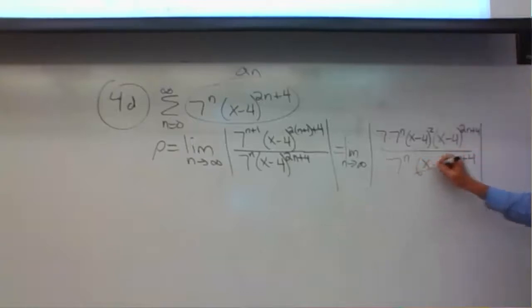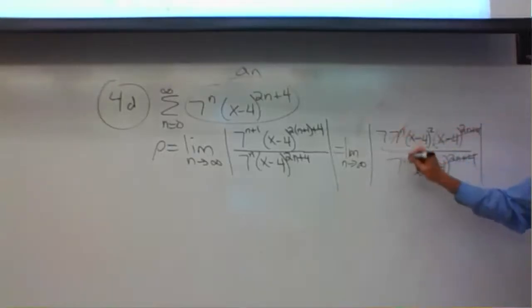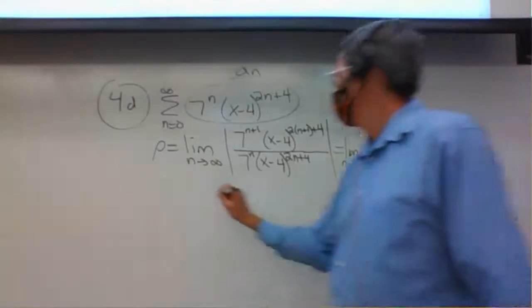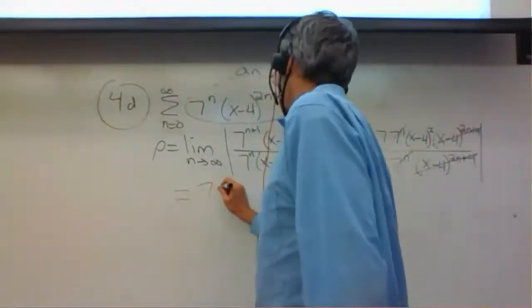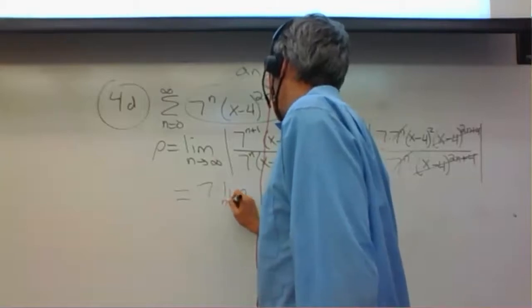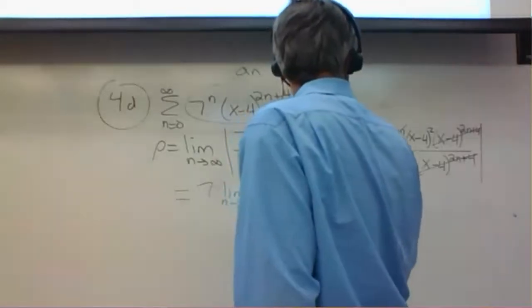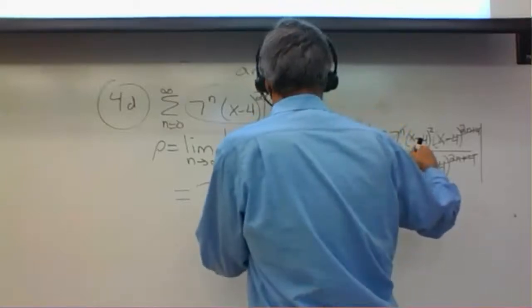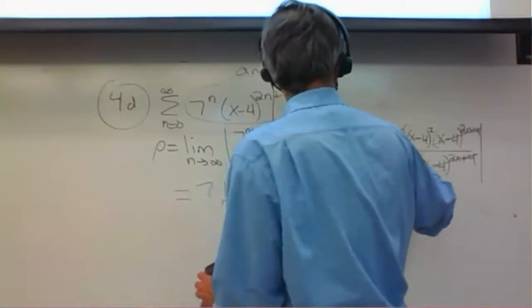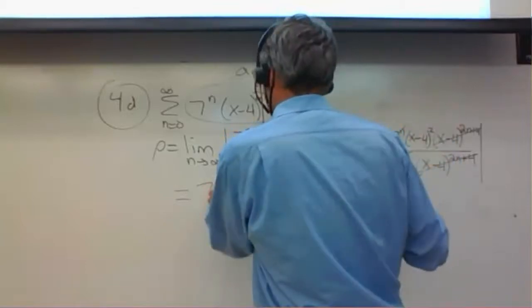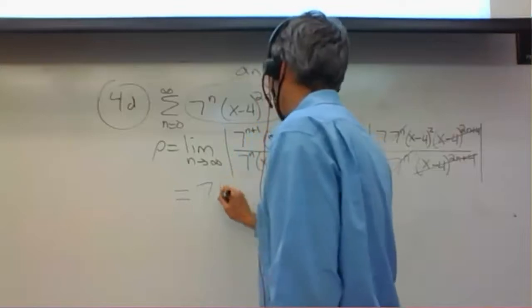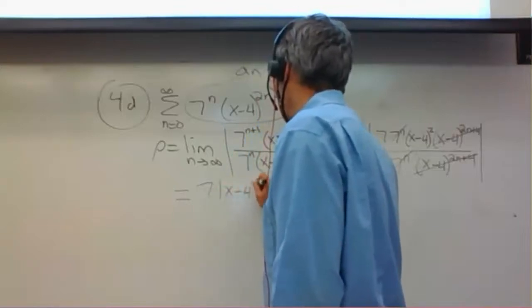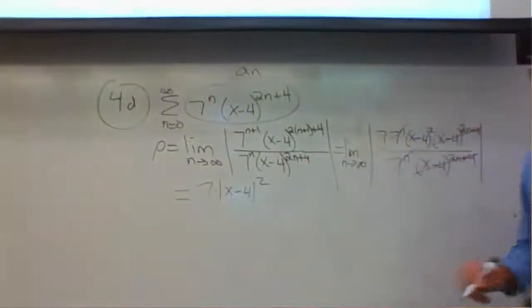And now I can cancel this one with this one, and this one with this one. And I've got 7 times, pull the 7 out since it's constant, limit n goes to infinity. Actually, there's no n's left, are there? So this goes to what's left. It's 7 times absolute value x minus 4 squared is what's left. So there's the rho from the ratio test.